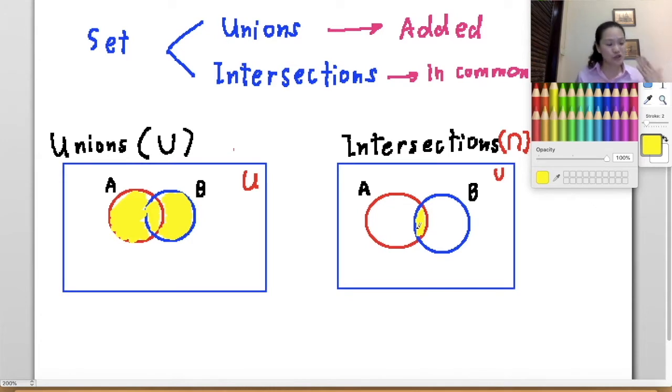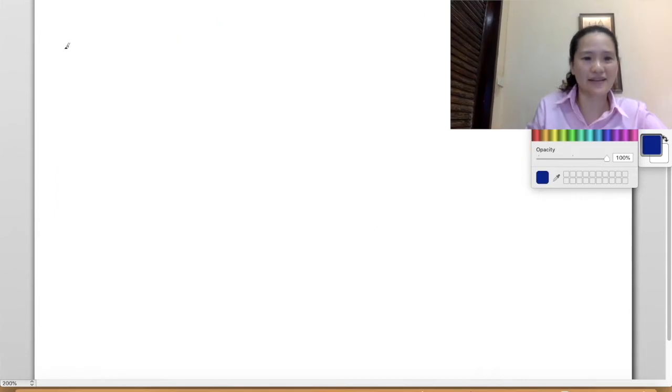And we're going to do the next step that's a little bit more difficult. Set A equals, okay, this one is the set.